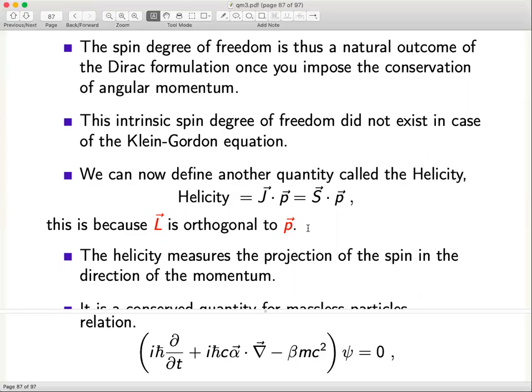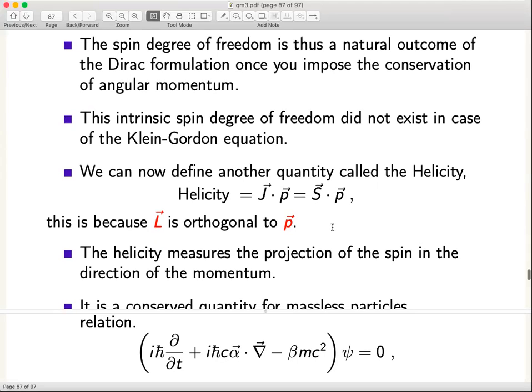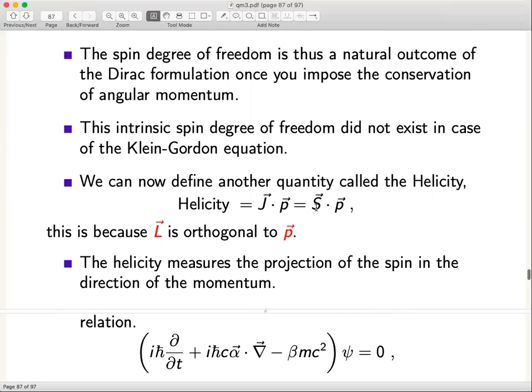Okay, so it may project in the direction, it may project opposite, or it may be perpendicular to the momentum. Okay, but of course, if you define a quantity like this, then one thing that you notice is that if the spin is pointing in the direction of momentum, if I say something like that, then you could always say that, okay, I can always go to a frame in which the momentum switches its direction.